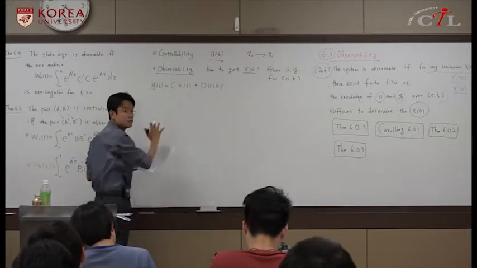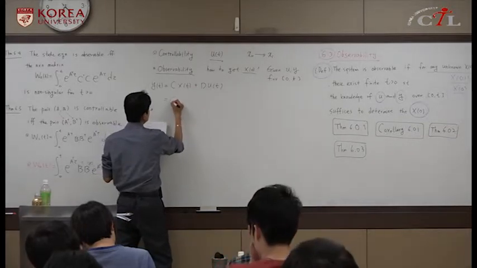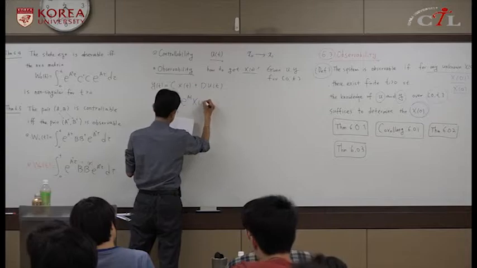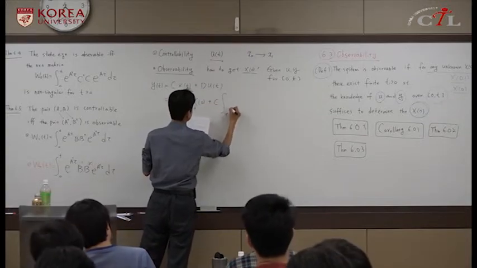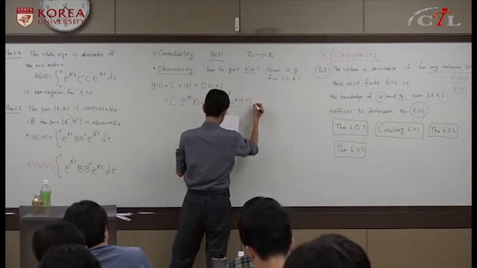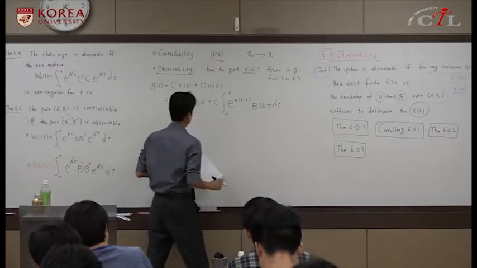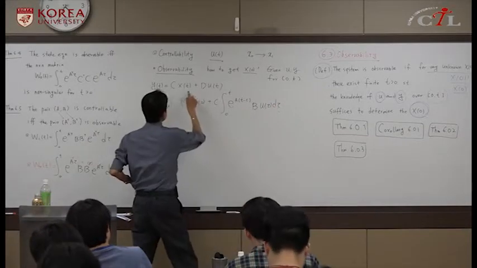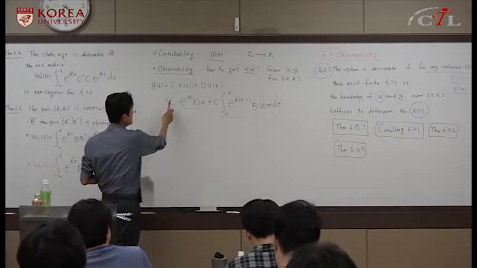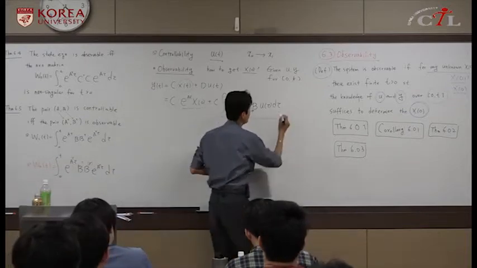And x(t), we know the solution of the differential equation, is given to be e^(At) x naught plus the integral from 0 to t of e^(A(t-tau)) B u(tau) d tau. So y(t) is Cx(t) plus Du(t).